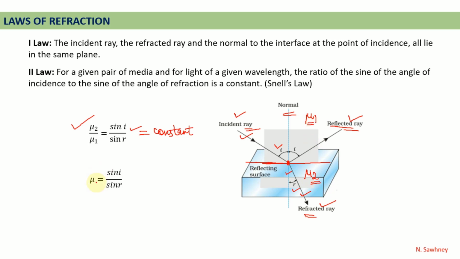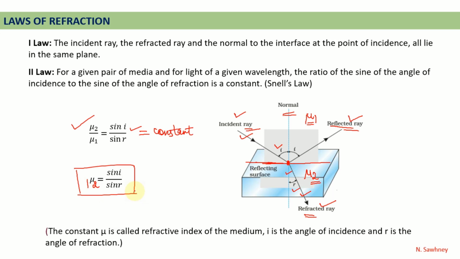You can even write it like this, that it is mu2 upon mu1, or it can be represented in this manner. So this is a constant value called the refractive index of the medium. You have to remember this formula in order to solve the numericals.